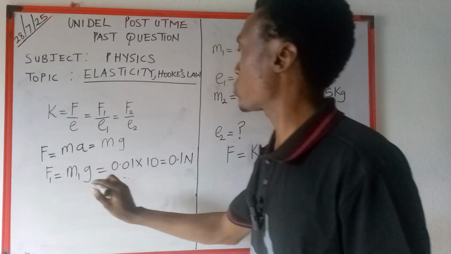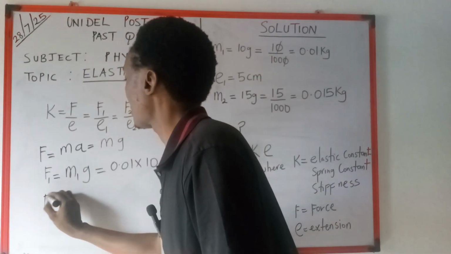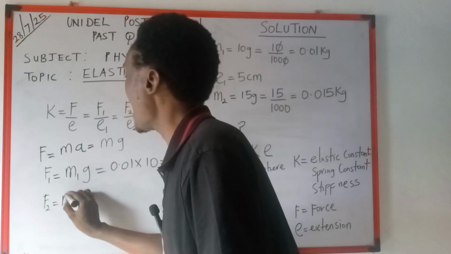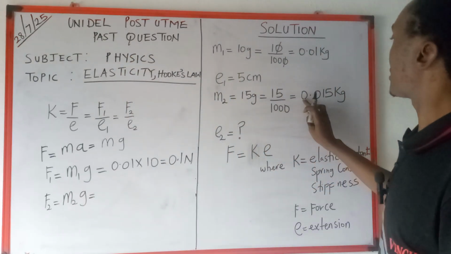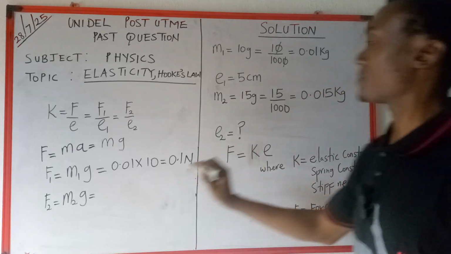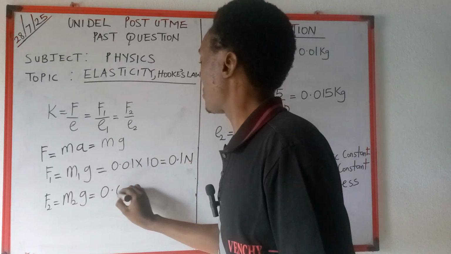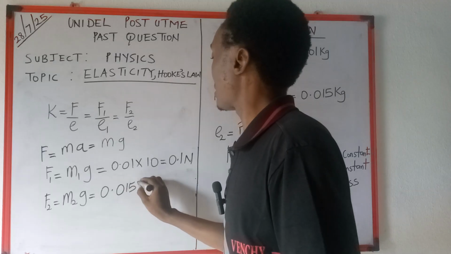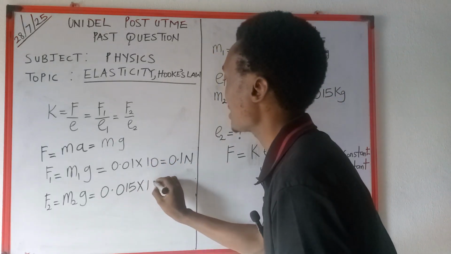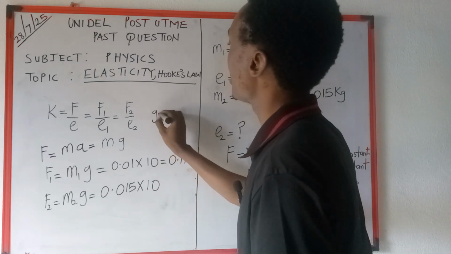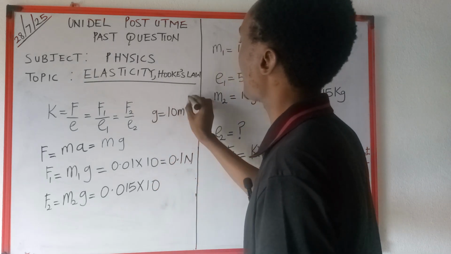Let's go to F2. F2 will be m2 g, and m2 is 0.015 times 10. Take note, g is a constant in meters per second squared.